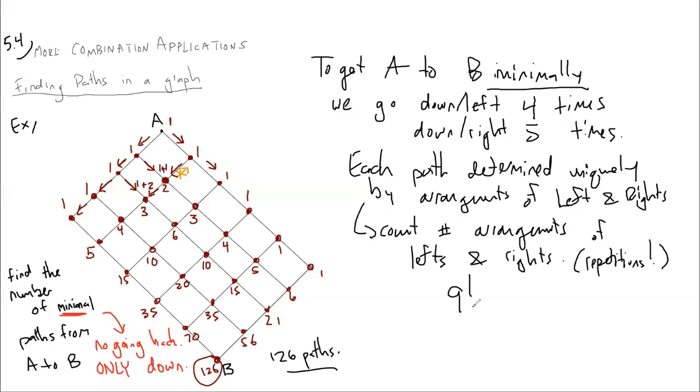So there's 9 total, and then there's 4 lefts and 5 rights. It's basically finding the words that are made from 4 L's and 5 R's. This is exactly the formula. This is just 9C4 or 9C5, whatever you like. It doesn't really matter.